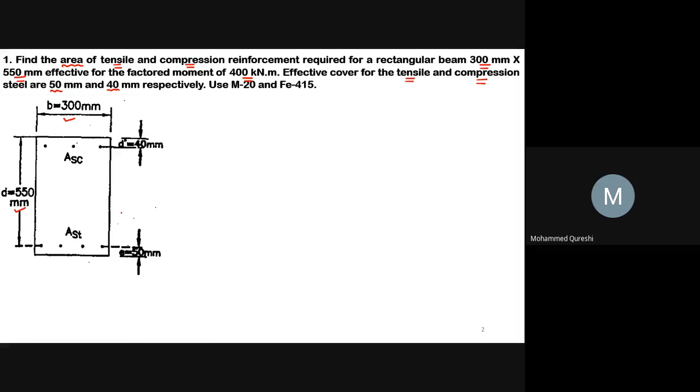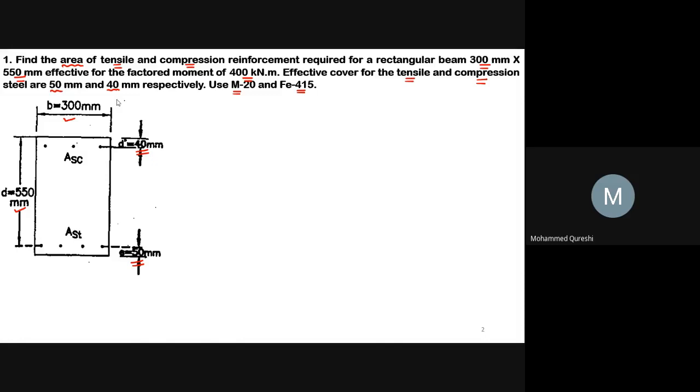For the tensile, the effective cover is 50 mm and for the compression steel it is 40 mm. Use M20 and Fe415 grade of steel. So, firstly, we have to calculate the area of tensile and compression steel.